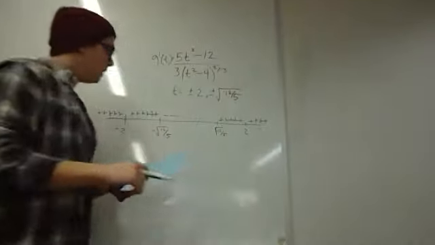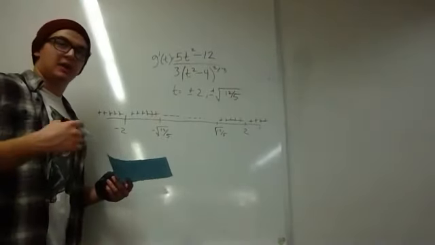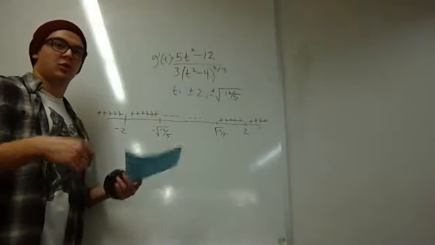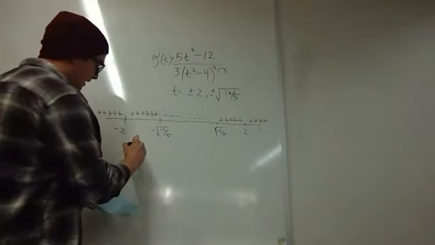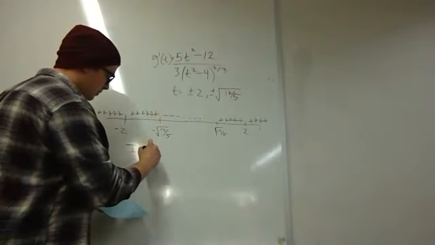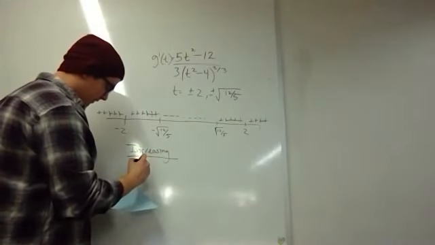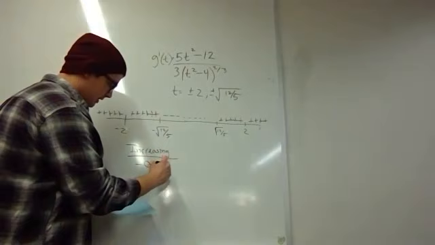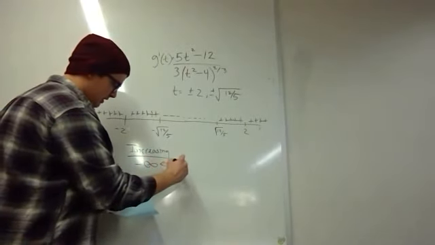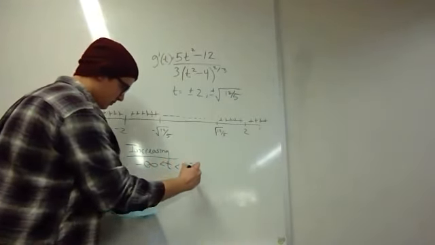So we can now explain the overall shape or directionality of the graph. We can say that it is increasing on the range of negative infinity less than t less than negative 2.